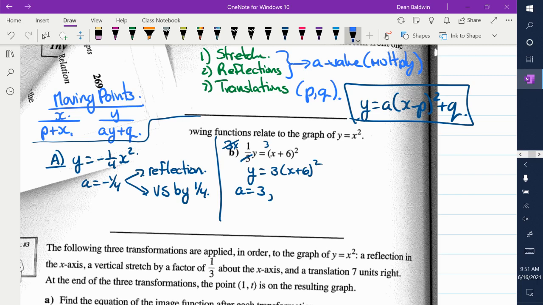What does an a value of 3 mean? Vertical stretch by 3. It means you've expanded it. What is this 6? That's a p-value, right? Is it positive 6 or negative 6? Perfect. P is negative 6, which means we went left.